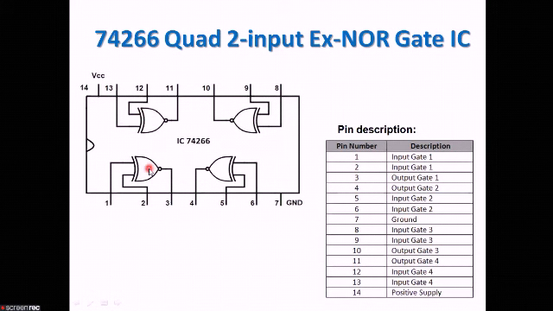So this one is the first XNOR gate, this one is the second XNOR gate, this one is the third XNOR gate, and the fourth XNOR gate. This one is a 14-pin IC. As already told earlier, let me repeat it, that pin number 7 is connected to ground and pin number 14 is connected to VCC.